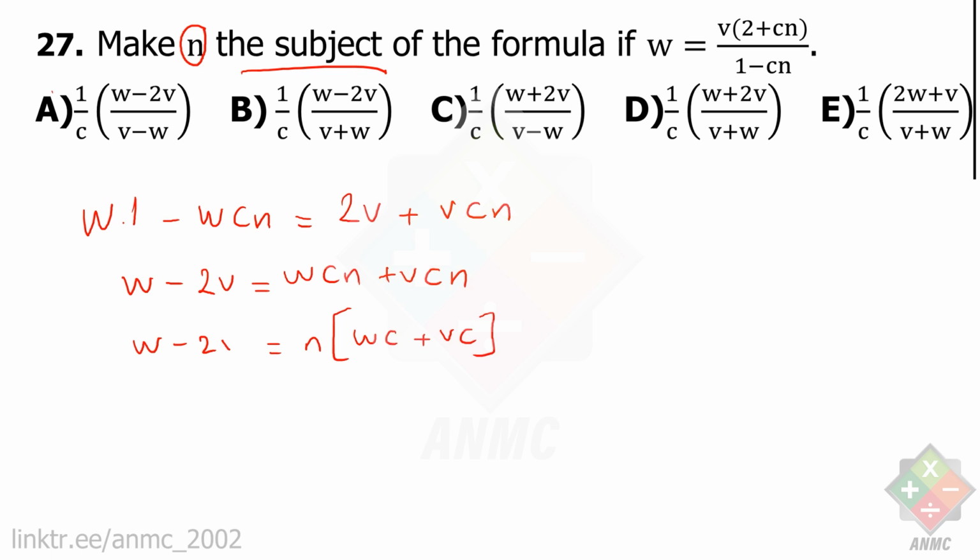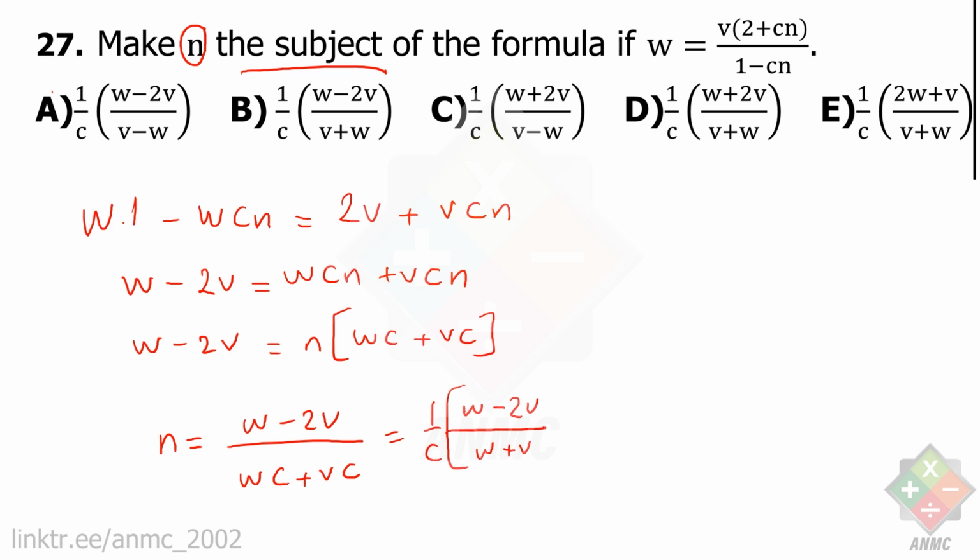W minus 2V is here. N is equal to W minus 2V over WC plus VC. And on the denominator, let's leave C out of the parentheses, and W minus 2V over W plus V is our answer. The answer is B.